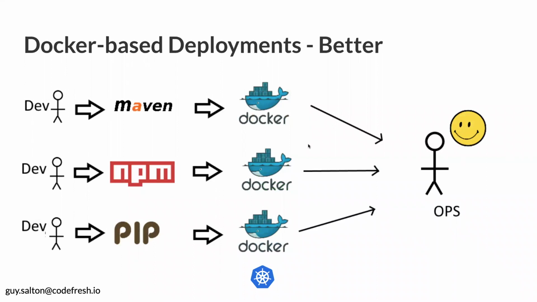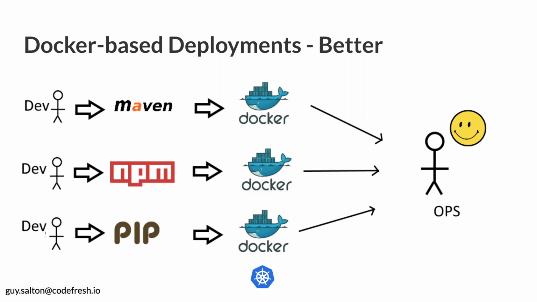So when containers appeared, and again, this is the main use of containers, when we package everything in a Docker image, using containers as a deployment artifact makes the job of the operators much easier, because they don't need to know how Java is being deployed and how Node is being deployed.